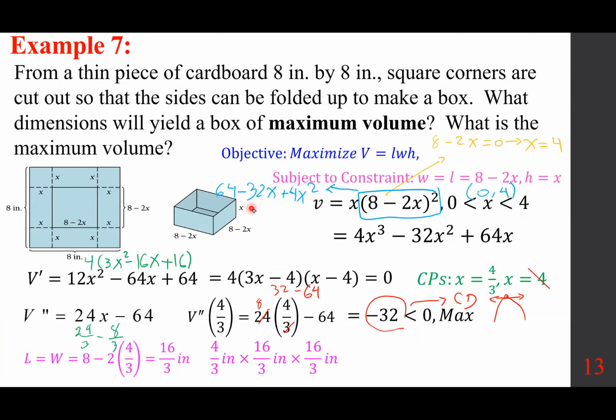What is the volume? If you multiply them through, you get 1024/27 or 37 and 25/27 cubic inches. This is the precise answer using fractions, multiplying these numbers. 4 by 16 by 16, you get 1024. 3 by 3 by 3, you get 27. So that's the exact answer. They may ask for an approximation using decimals. You can do that.